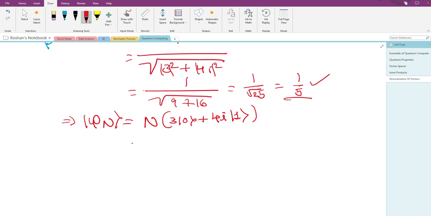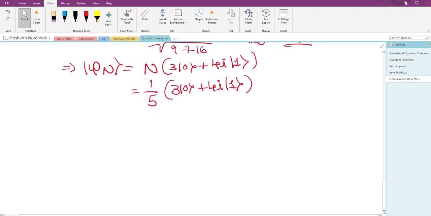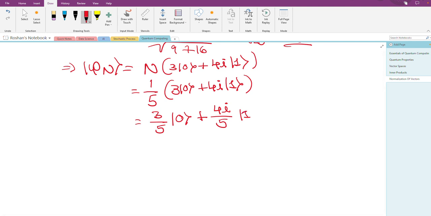Okay, substitute the n value. 1 by 5 into 3 ground state plus 4i excited state. What will be the final answer? 3 by 5 ground state plus 4i by 5 excited state. So our quantum state is successfully normalized.